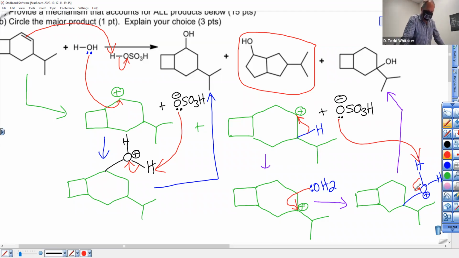We got to spend a little time on product number 2 now. We got to ask ourselves which carbocation can rearrange to this cation.